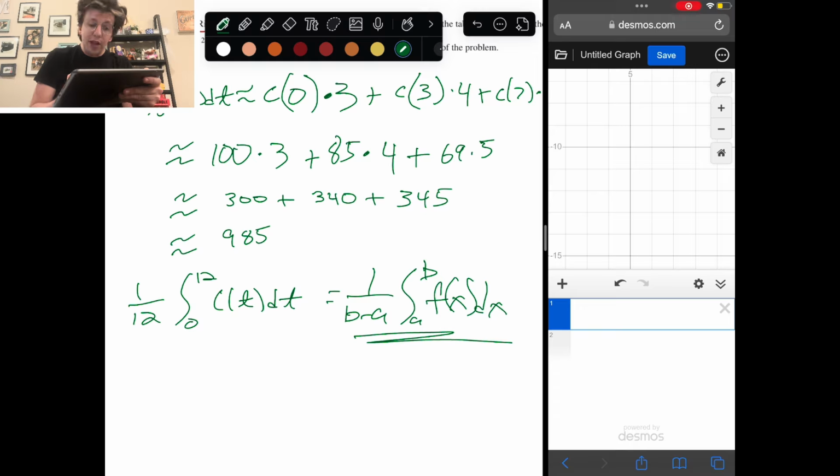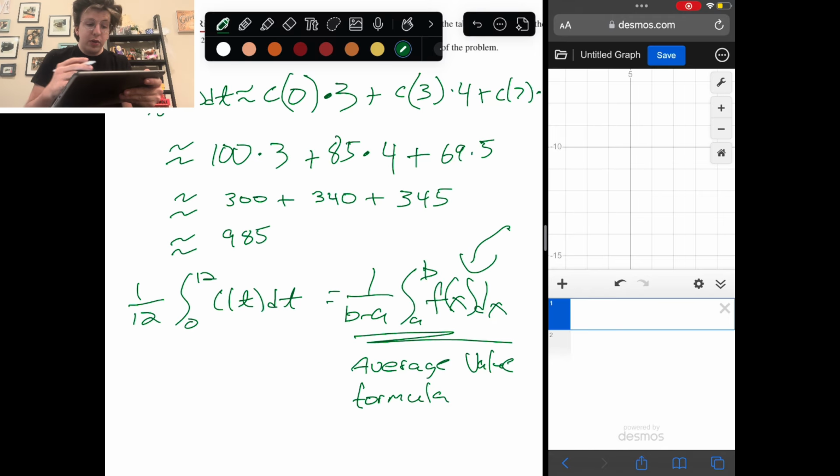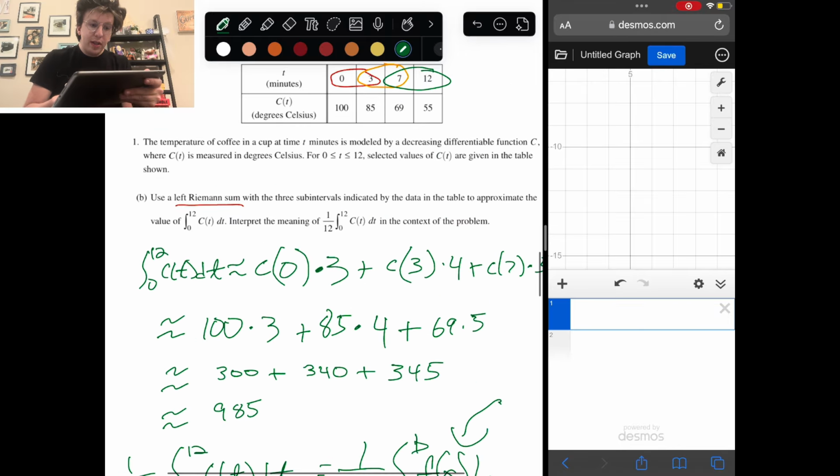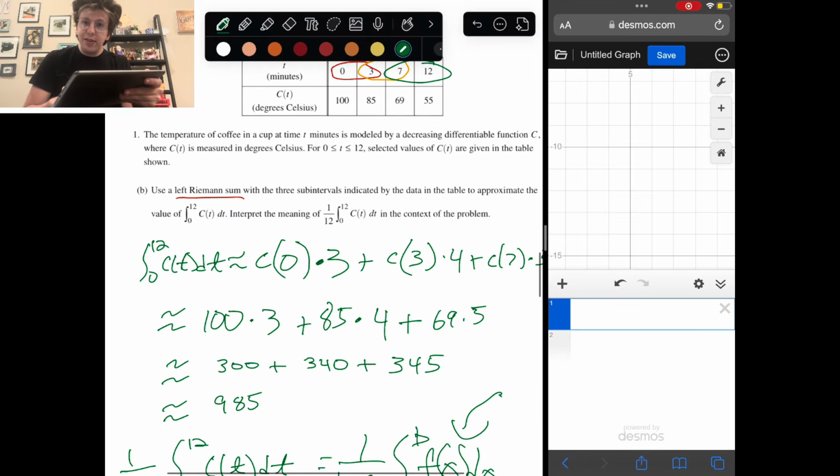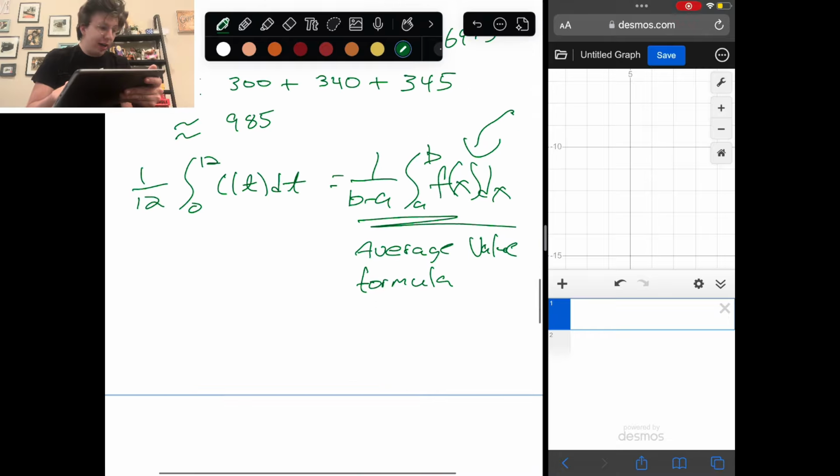This is the average value formula. It's the average value of the function that we're taking the integral of. So here, we are doing the average value of C of t. C of t is degrees Celsius, so it is going to be the average value of degrees.